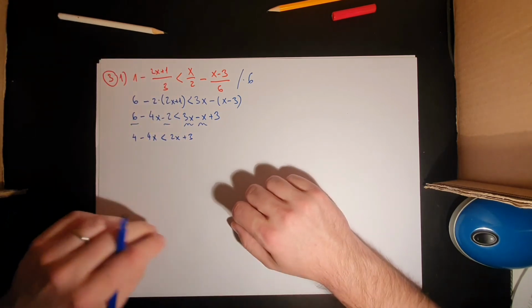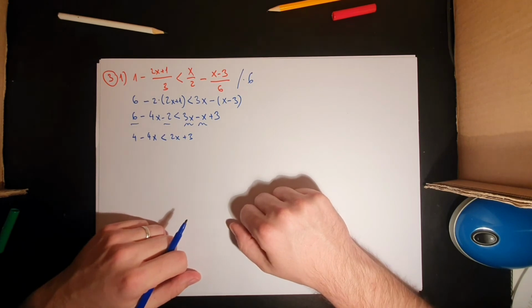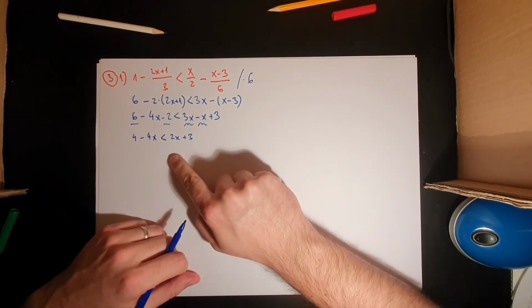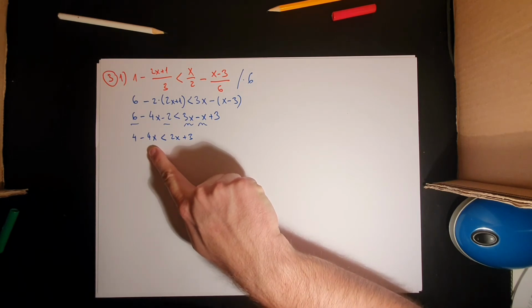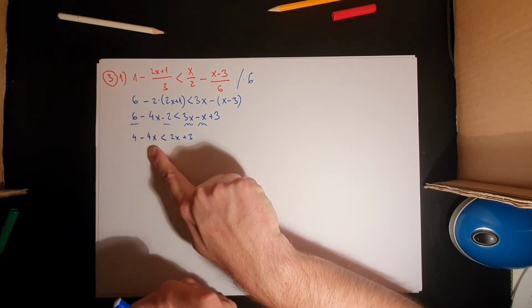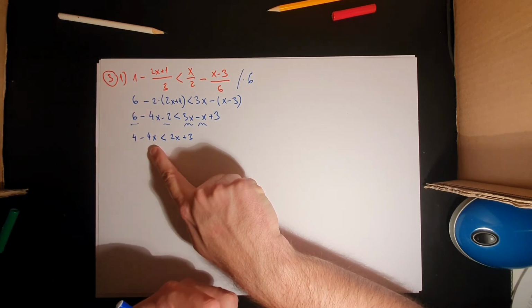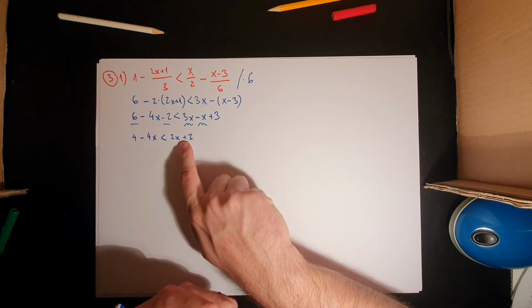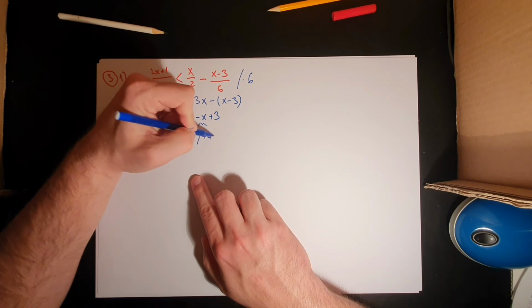Okay, now in this case, I see that on the right side we have the positive x's, while on the left side we have negative x's. Now, to make things simpler for me in this case, I have decided to have minus 4x and get it on the right side. How to get it? Well, I have to add 4x to everything.